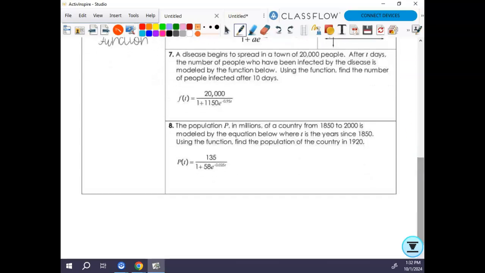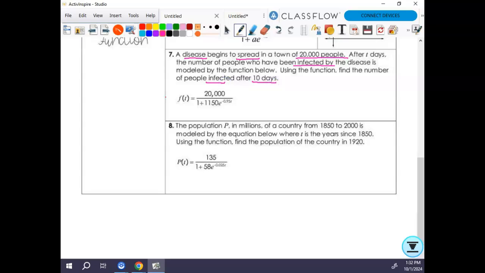A disease begins to spread in a town of 20,000 people. There's 20,000 people in this town, which is kind of small. There's 3,000 students in this school. After t days, the number of people who've been infected by the disease is modeled by this function. Using the function, find the number of people infected after 10 days.